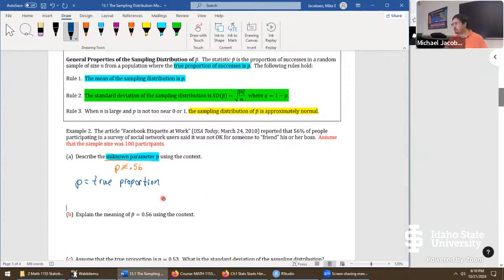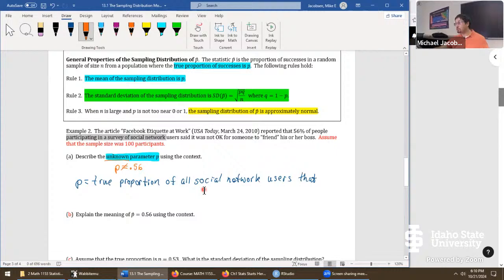So p will be the true proportion of all, I want to say, social network users, because of that statement there. So that's talking about the population. All social network users. Let's pause right here.